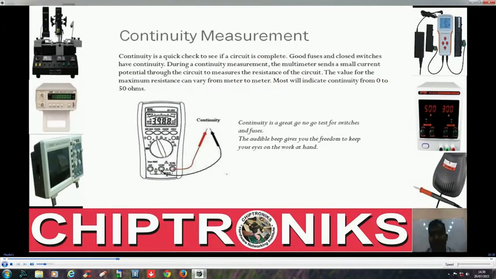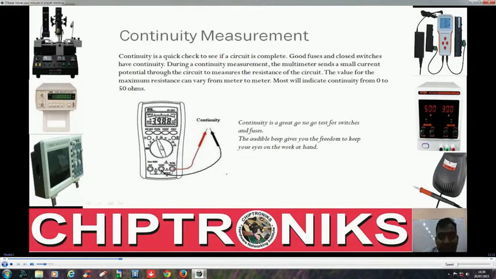Continuity is a very good utility present on a digital multimeter, and by this utility we can measure the completeness of a circuit, whether the two paths present on a circuit are the same, whether these two devices are connected. We can judge it through continuity. So continuity basically is a quick check to see if a circuit is complete or not.